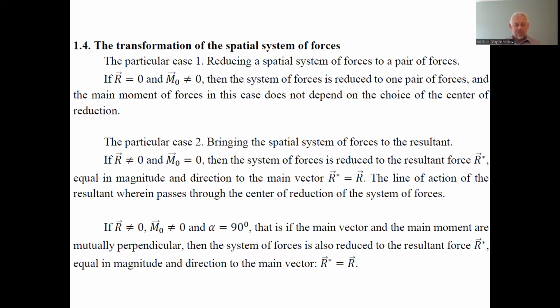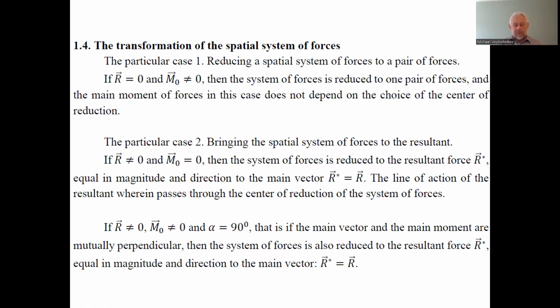If the resultant of the forces acting on the mechanical system is not equal to 0 and the main moment is equal to 0, then the system of forces is reduced to the resultant force vector R with an asterisk, R asterisk, equal in magnitude and direction to the main vector. The line of action of the resultant vector passes through the center of reduction of the system of forces.